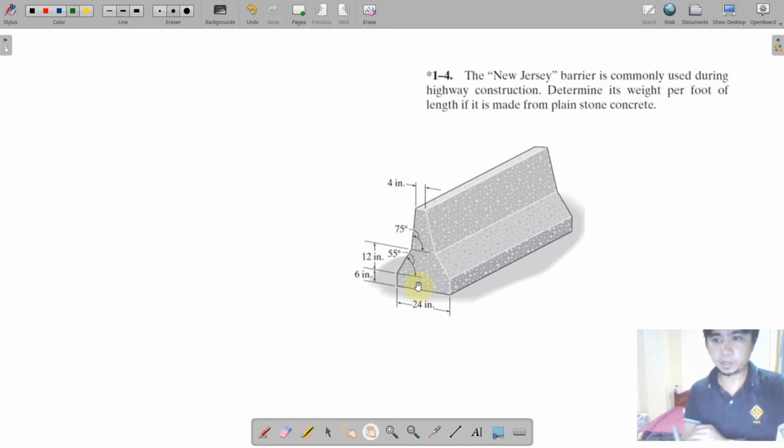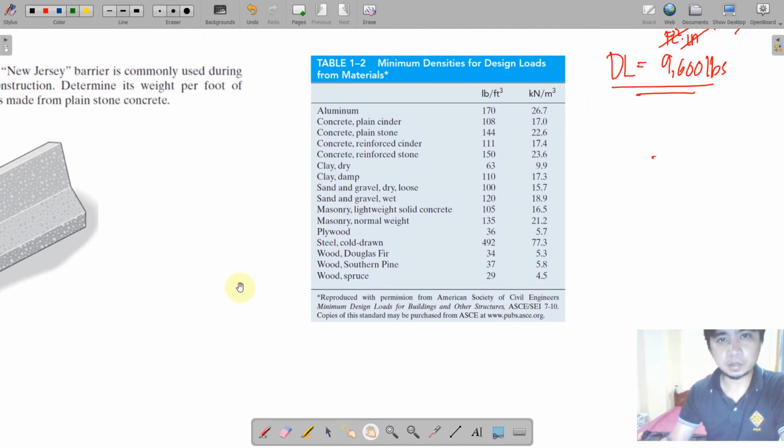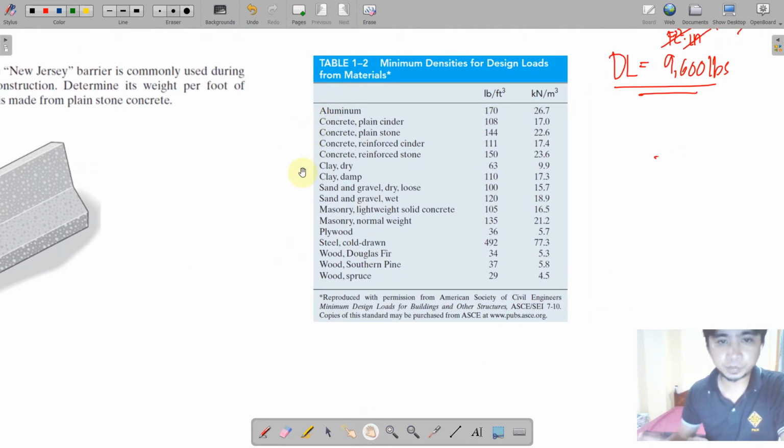Okay, so next problem, problem number 4. The New Jersey barrier is commonly used during highway construction. Determine its weight per foot of length if it is made of plain stone concrete. So it is just a matter of determining the volume, of course, and then multiplying by the unit weight that is found on the table of the dead load. And obviously it is found in Table 1-2, minimum densities for design loads for materials.